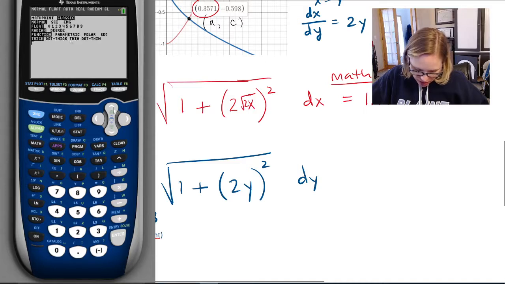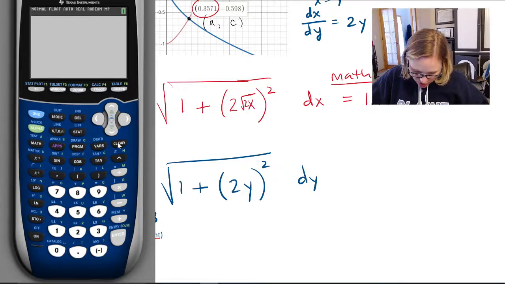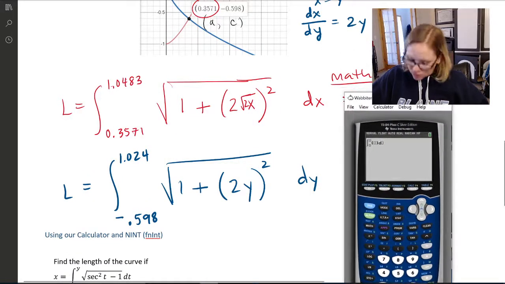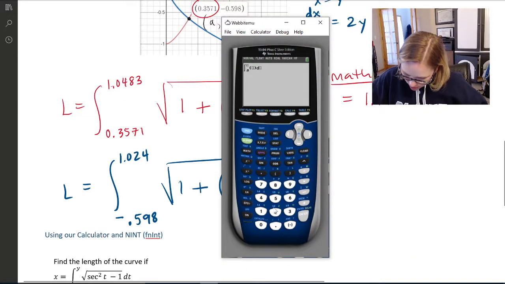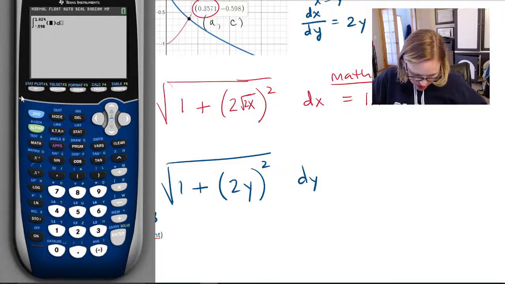So I'm going to go back to my math print. I prefer that mode. It's a little easier to see. But basically you're going to go Math 9 and you're going to type it in the same way that we did with the other ones. And you're going to type in your limits of integration here. So negative 0.598, 1.024, and then in here you got to be really careful when you're typing this in.